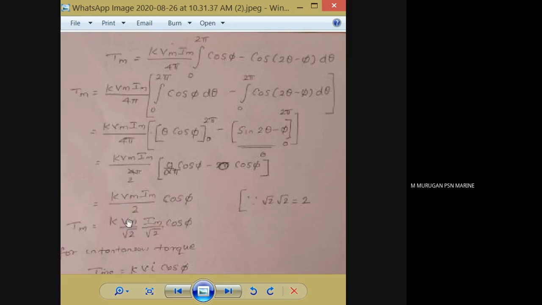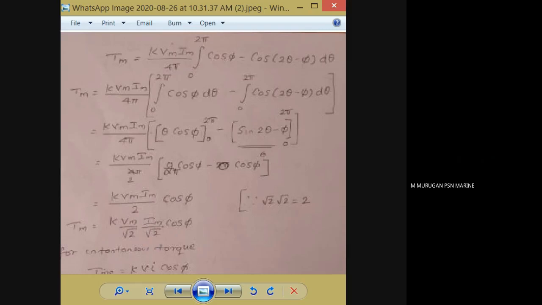Can you remember this value Vm by root 2 in the form of RMS value, average value, mean value? In our AC circuit basics, you have studied this. So this is the RMS value of the maximum value, Vm by root 2, Im by root 2.